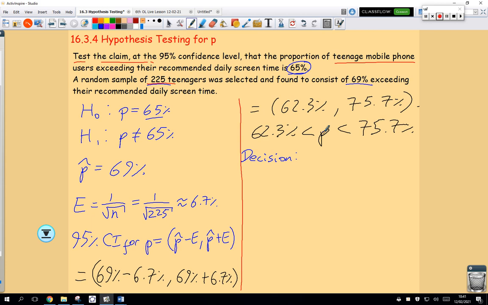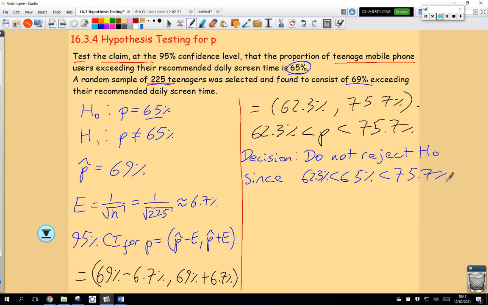So there's not enough evidence to reject this. So my decision here will be do not reject the null hypothesis. Why? Since that 65% fits exactly in between 62.3% and 75.7%.